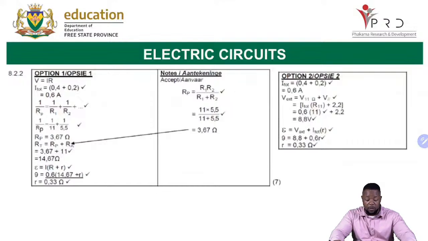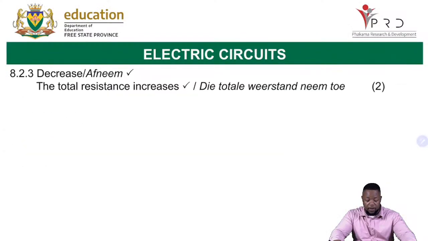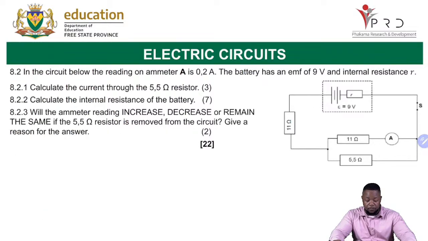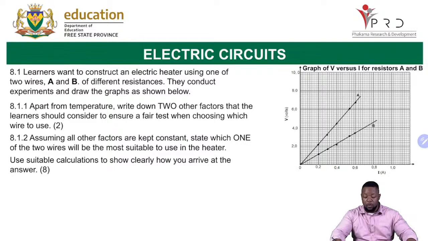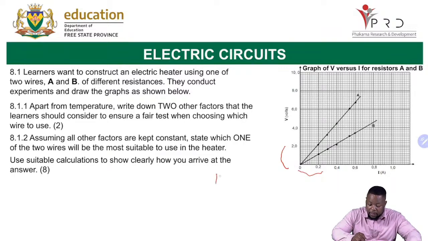But before we close, I'd like to go back and look at the graph. The graph is very, very important. Now, when you are working on the graph, it is very important to look at the scaling of the graph. You need to see that here there are 10 boxes.